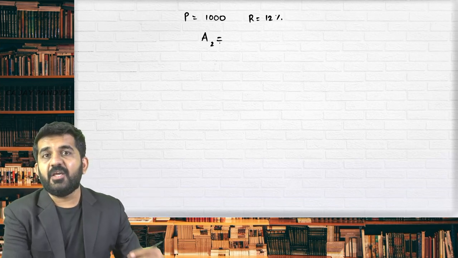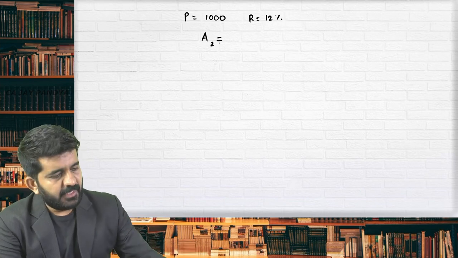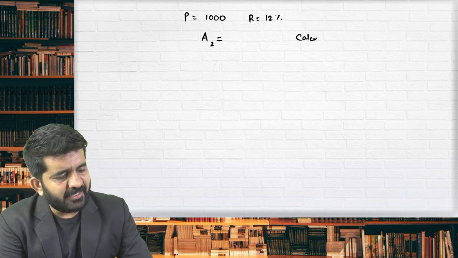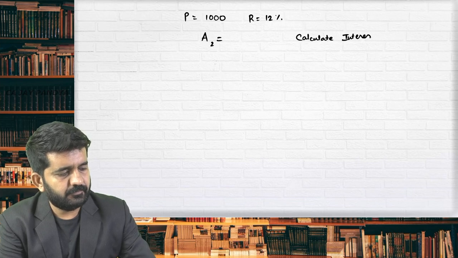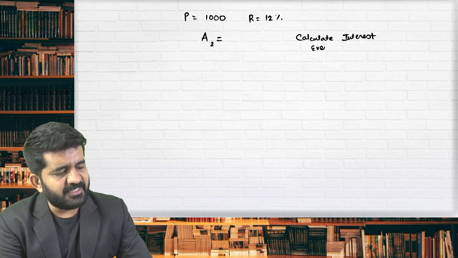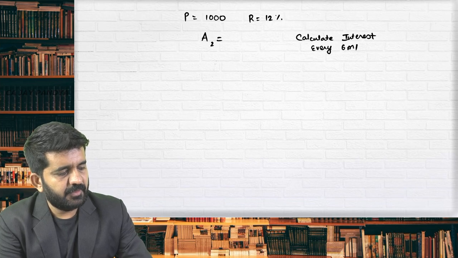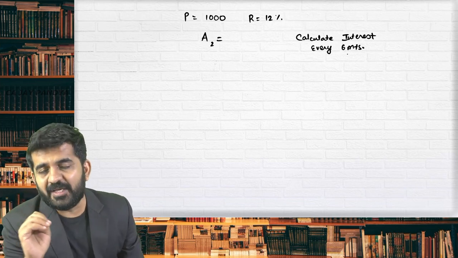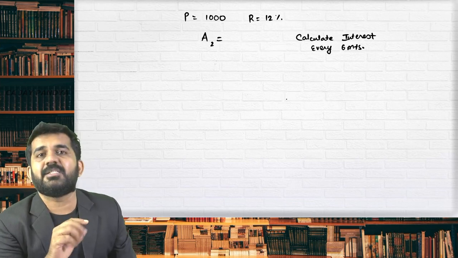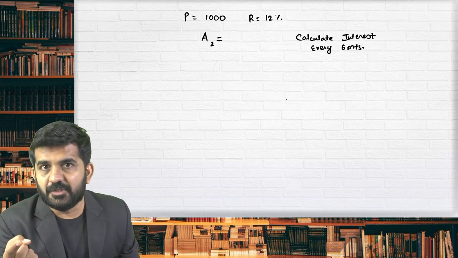But understand, if your bank says that we calculate interest every 6 months. Now understand, in yesterday's lecture we were assuming that interest is calculated every year.